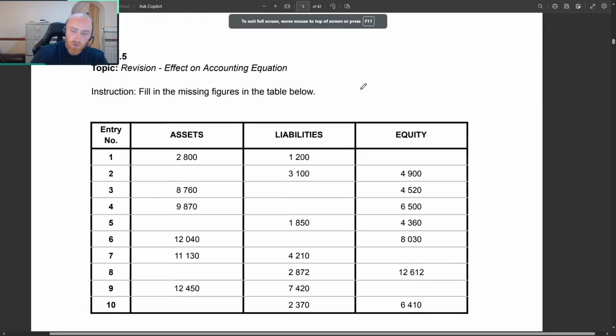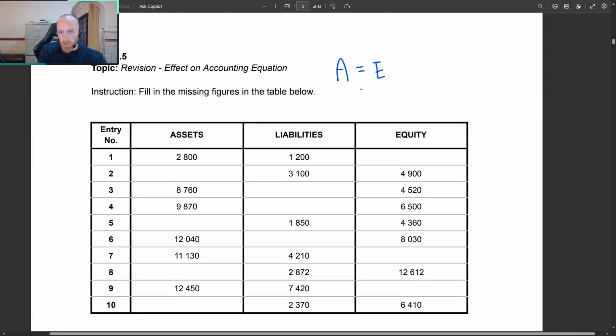So just to start us off, let's write the accounting equation at the top, which is assets is equal to equity plus liabilities. Now, because they've written it in this activity, liabilities on this side and equity on this side, I'm actually going to rewrite that equation as assets equals liabilities plus equity.